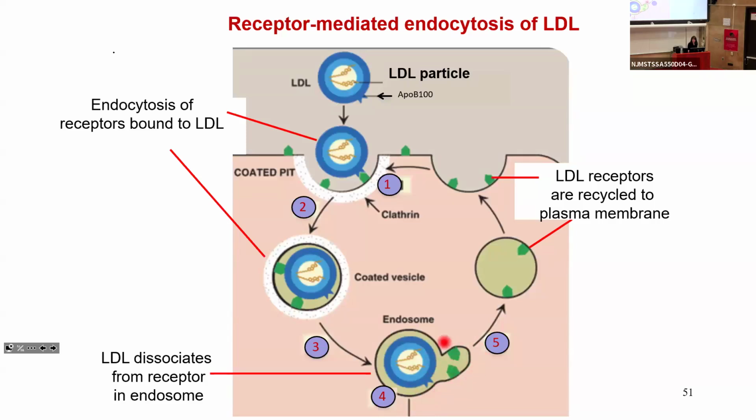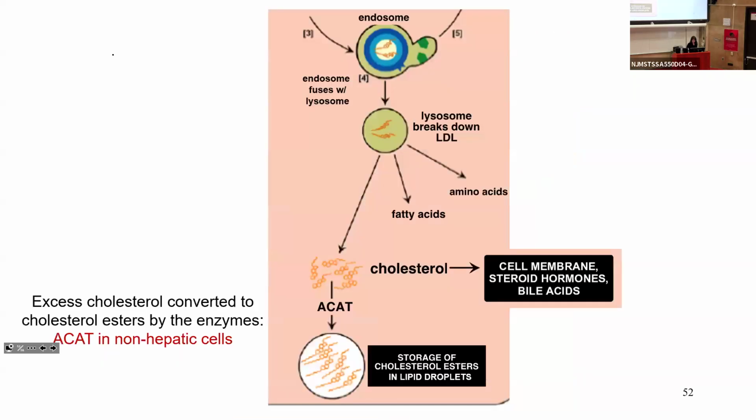And the receptor is going to pinch off into a vesicle and get recycled to the plasma membrane to do the job all over again. So this is receptor-mediated endocytosis. And so when it's in the endosome now, this LDL particle is going to fuse with the lysosome.